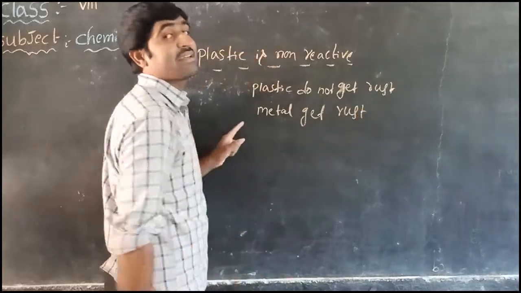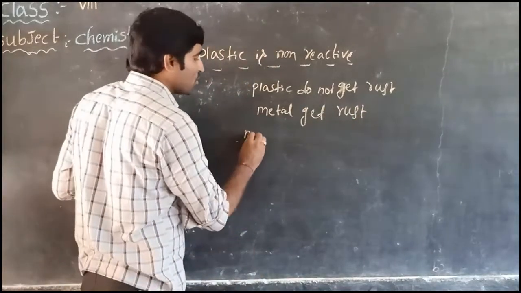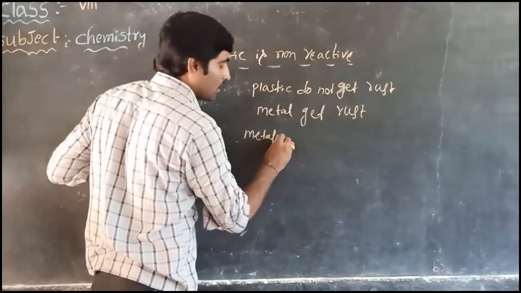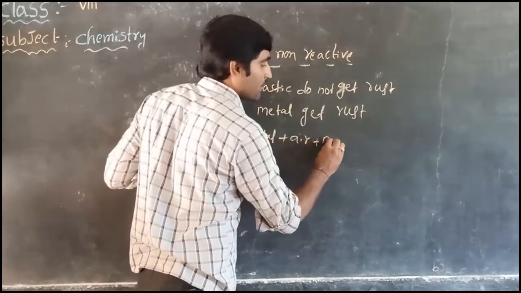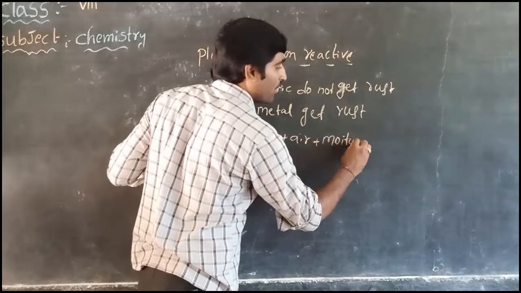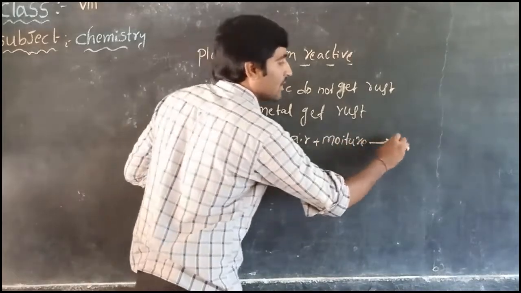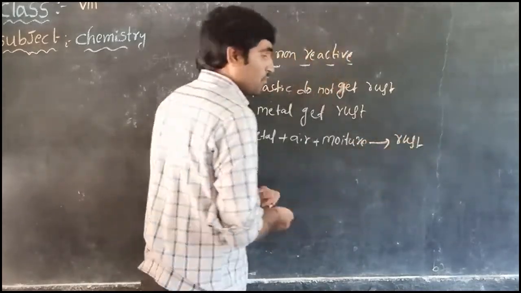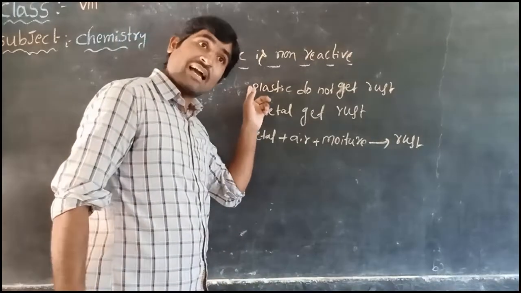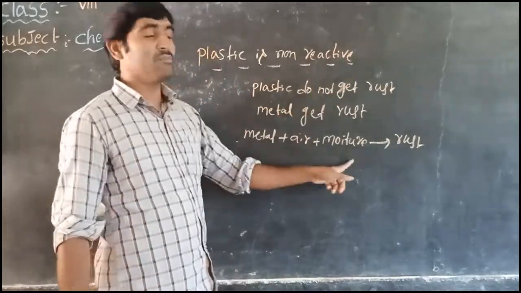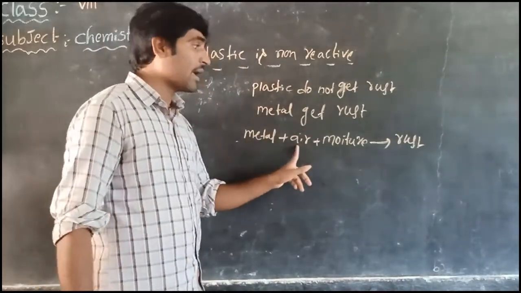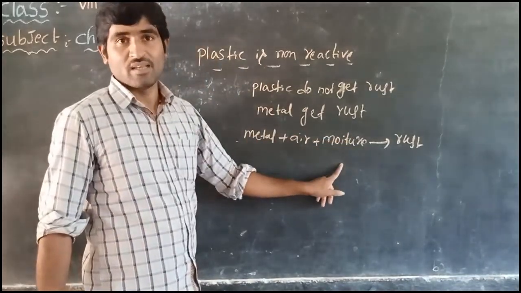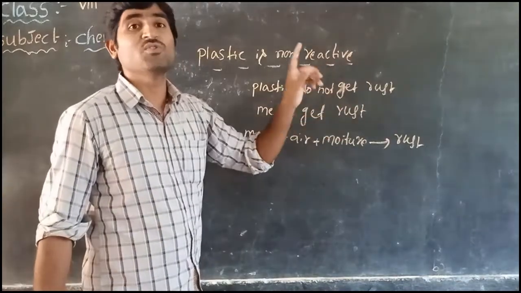How does metal get rust? When you expose metal to air and moisture, then it can get rust. Even when plastic is exposed to air and moisture, plastics do not react with air and moisture because they are non-reactive.